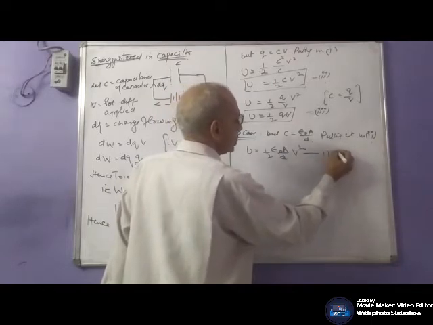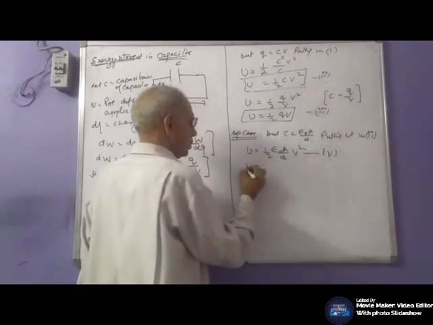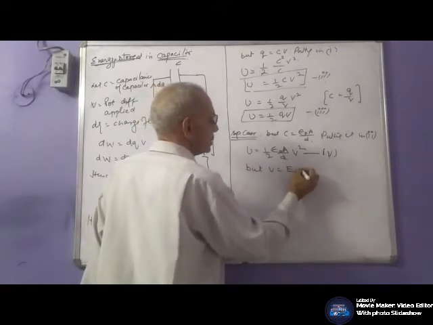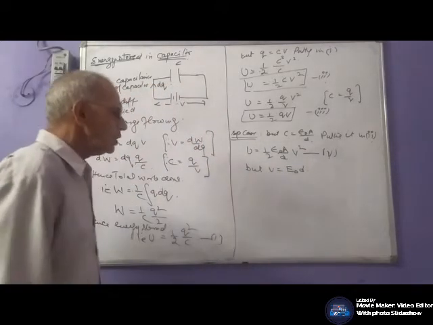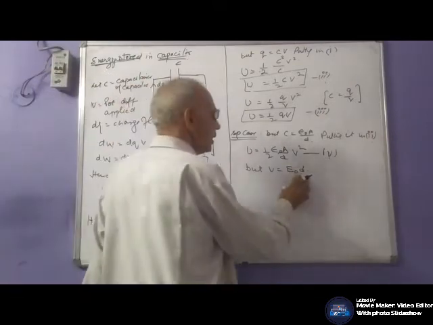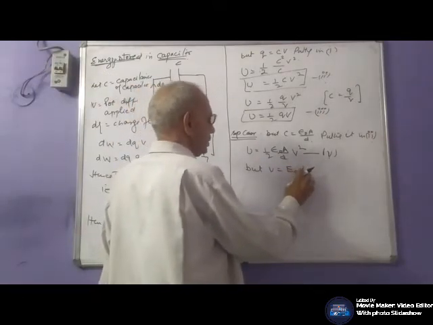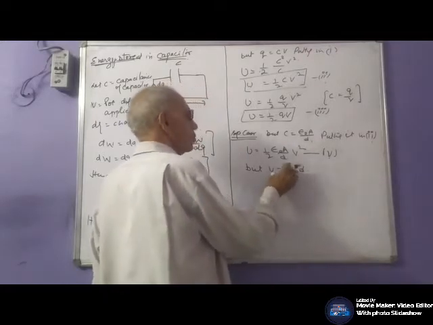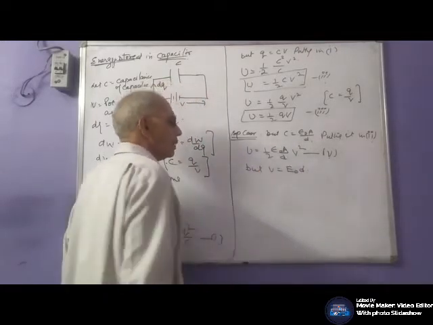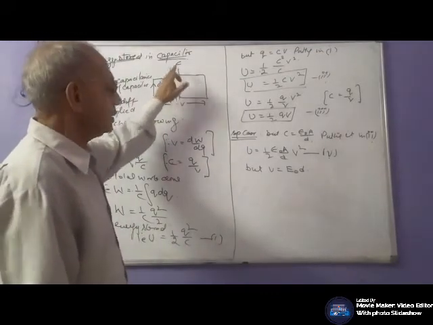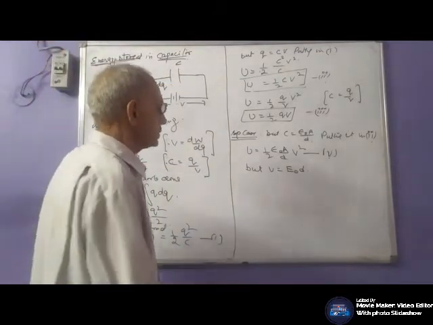Third, fourth: but V is Ed, V is E dot dl. From there we write E naught d. E naught is for vacuum; epsilon naught is taken. This means air is there between the plates.